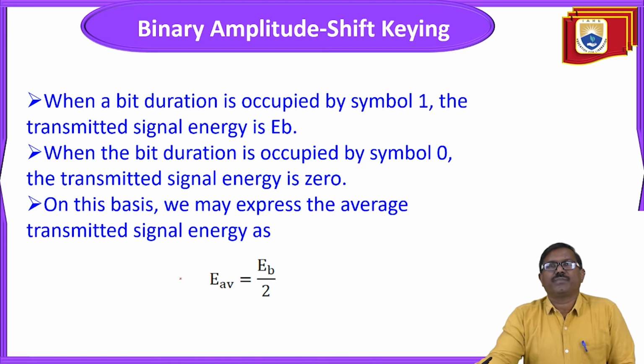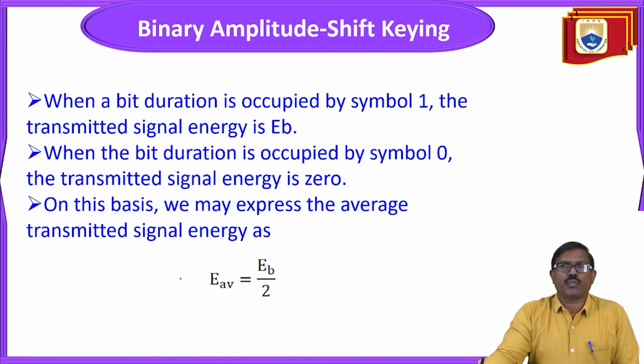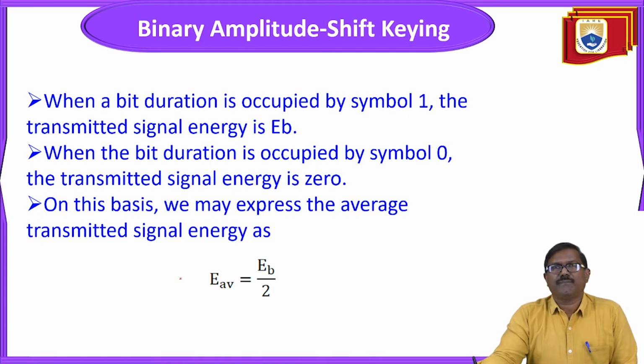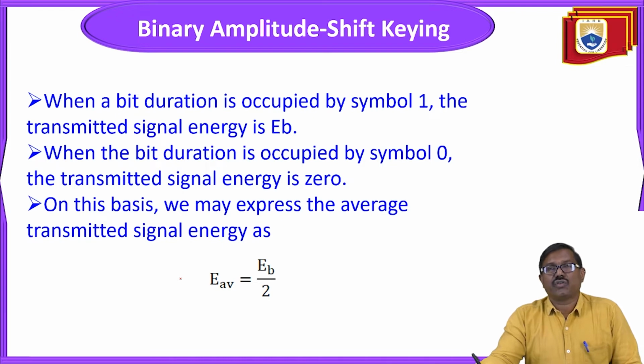When a bit duration is occupied by symbol 1, the transmitted signal energy is Eb. When the bit duration is occupied by symbol 0, the transmitted signal energy is 0. So that's what we discussed earlier, that s(t) is equal to square root of 2Eb by Tb cos(2 pi fc t) for symbol 1, whereas 0 for symbol 0.